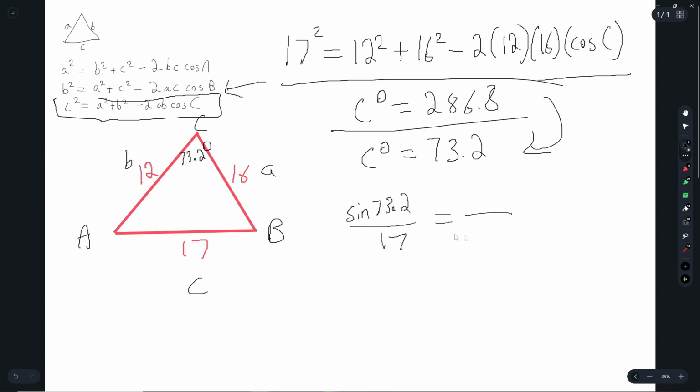So I'll choose the B here. So sine B, actually I'll write them both. Then sine A over 16. Then we can solve each one. So first we'll get B. So sine 73.2 over 17 equal to sine x over 12.